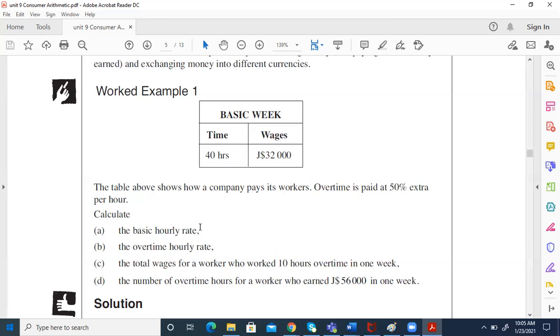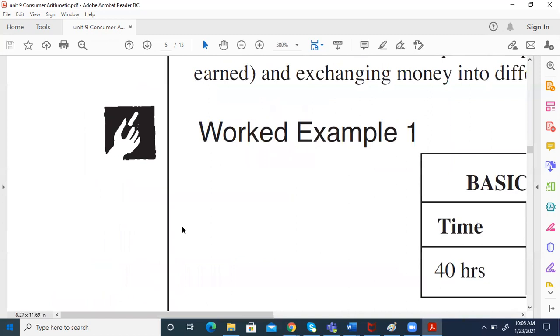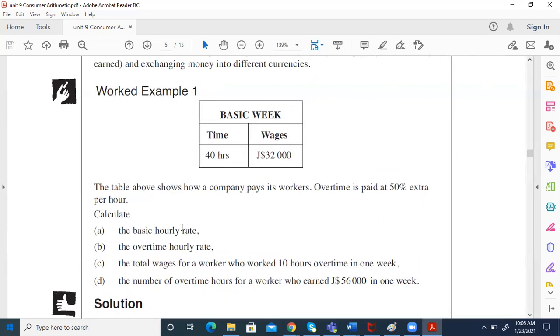So you have to find 50% of the $800 per hour, then add it back to the $800. That would be equal to $1,200.